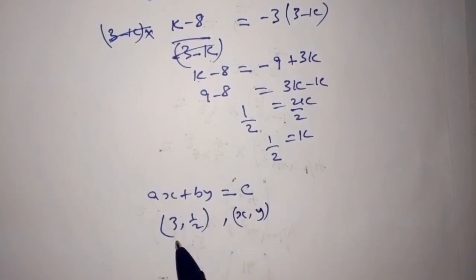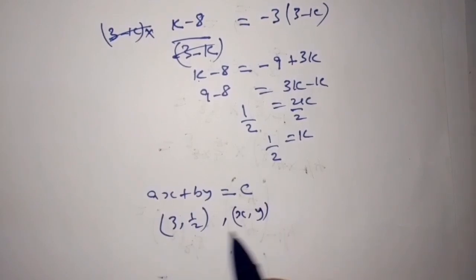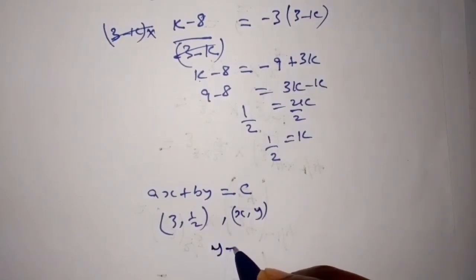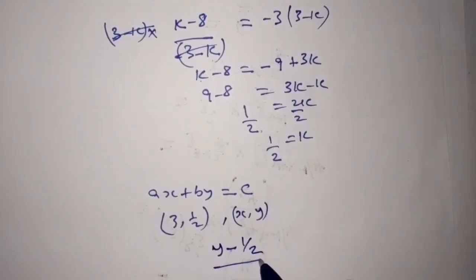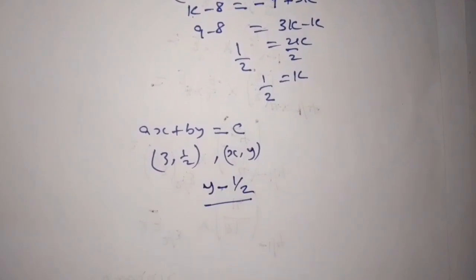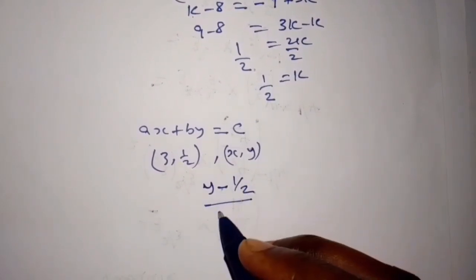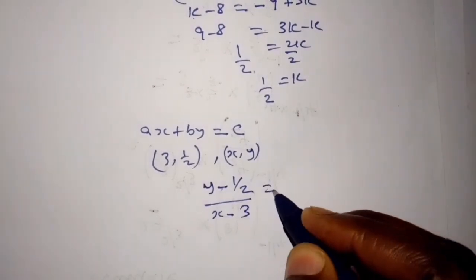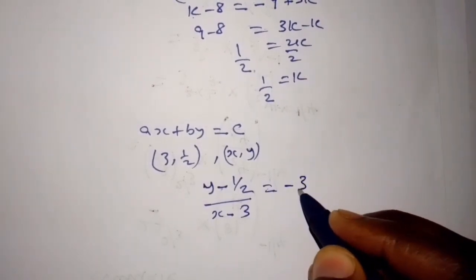So the gradient of this line passing through this point and this point will be y minus half over x minus 3, which is supposed to give us the gradient of negative 3.